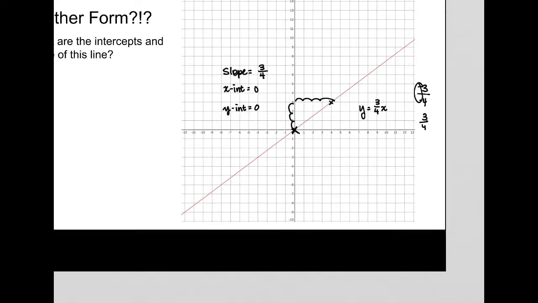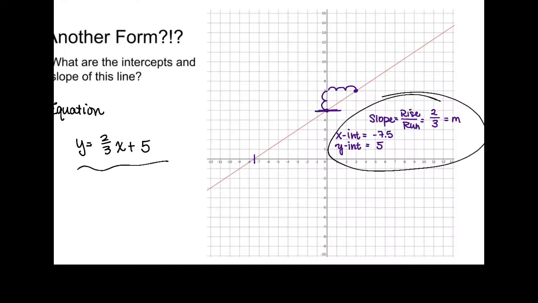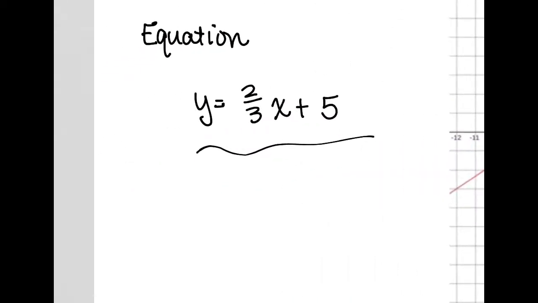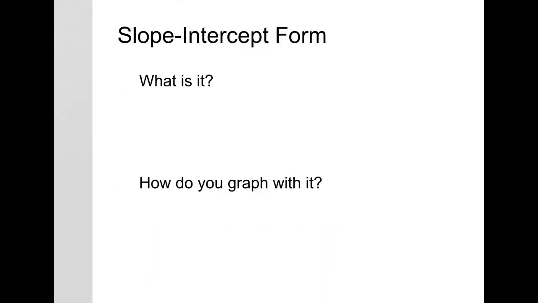So looking at our 3 equations, slope-intercept form is y equals mx plus b. Now, we kind of already know what m is.